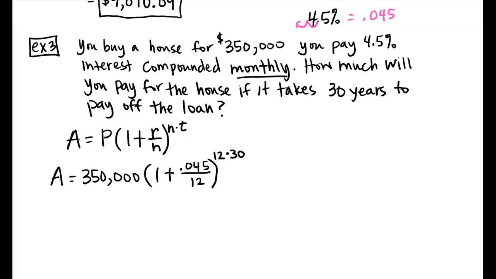Okay, so I want you guys to simplify this and then put it into your calculator. It's no different than the other ones, but now the amount you're looking at is how much you'll be paying for the house overall. Instead of earning interest, you're paying it.